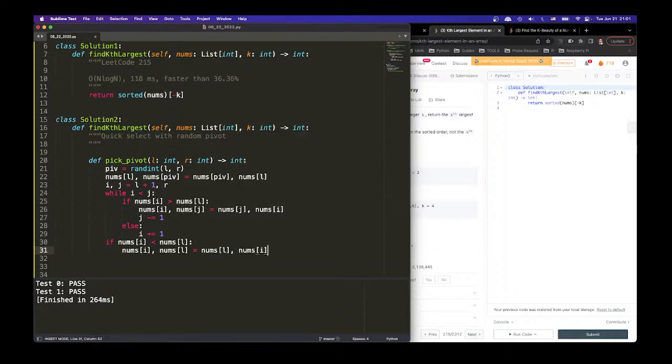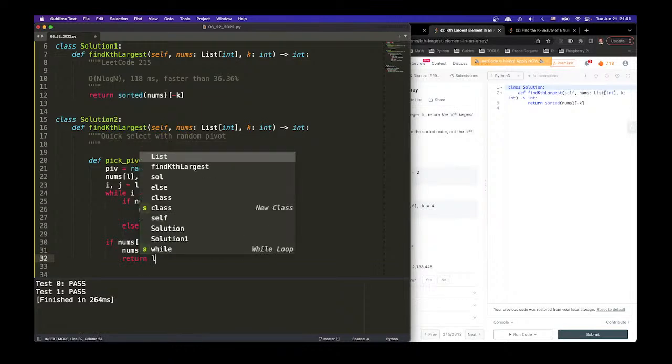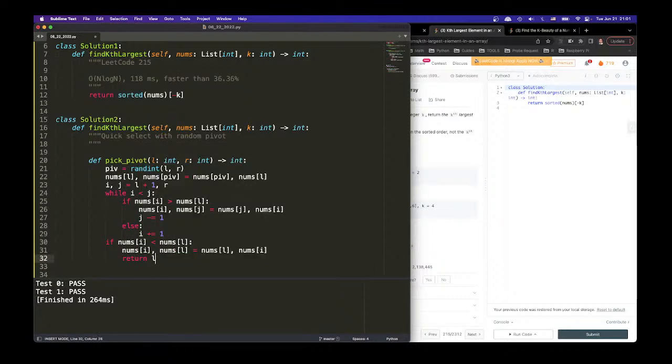Then we return L immediately. L is the index where this one shall be.